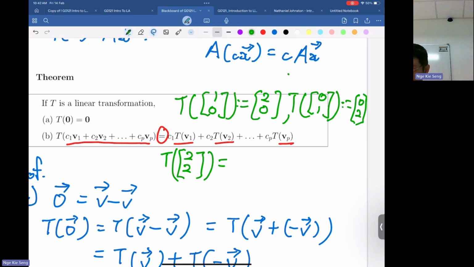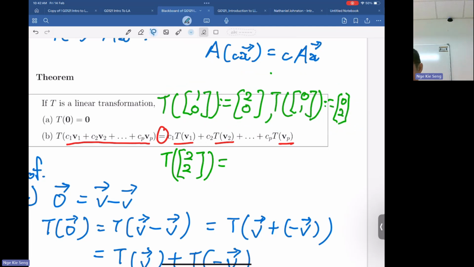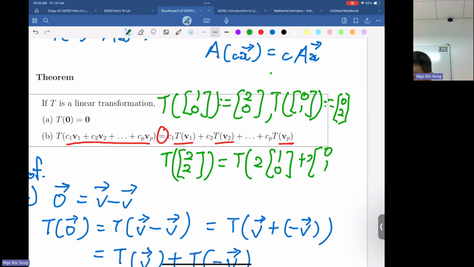If I have this definition, can you use part B to figure out where this (2, 2) has to go? You should write your (2, 2) as a linear combination of (1, 0) and (0, 1) first. And then use this theorem.